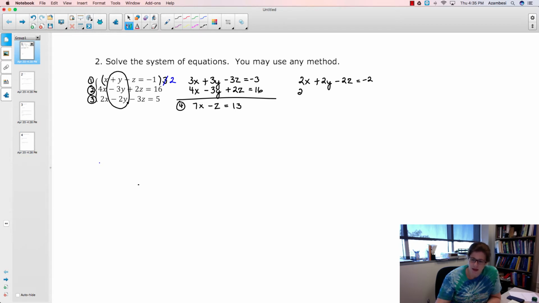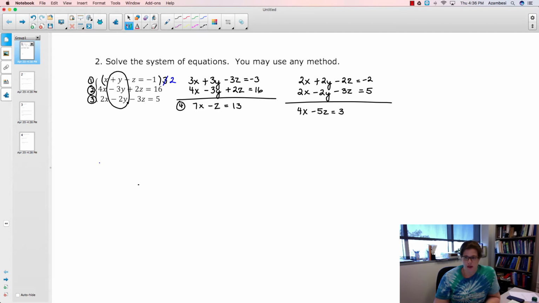And my last equation, 2x minus 2y minus 3z is equal to 5. Adding these up, I get 4x minus 5z is equal to 3. And then I can solve these two equations together. So this is equation number 5.